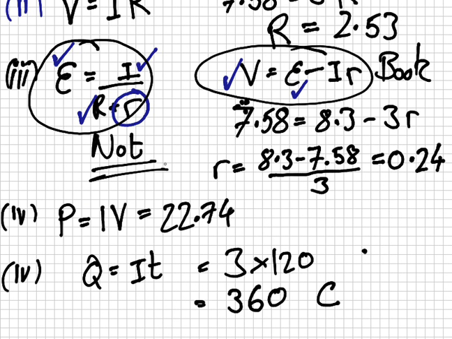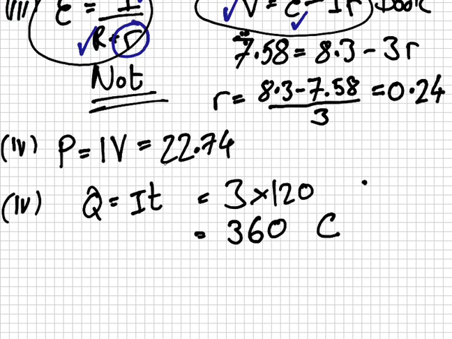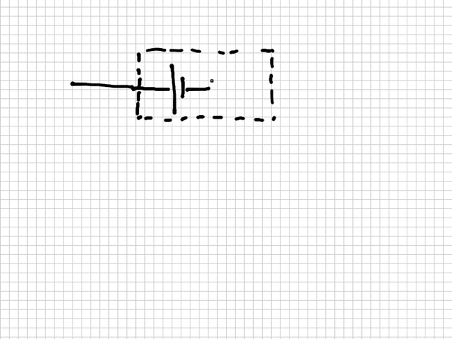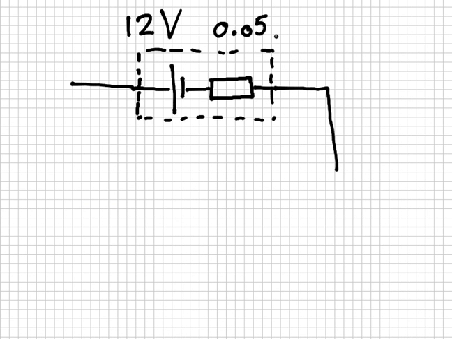I want to give you a small question to try. So write this one down, please. I'll draw the circuit for you. So you've got your battery and you've got your small resistor. Here this is 12 volts, and then this is 0.05 ohms.